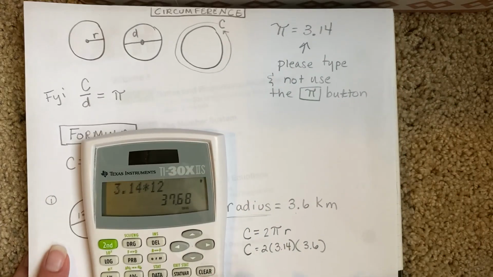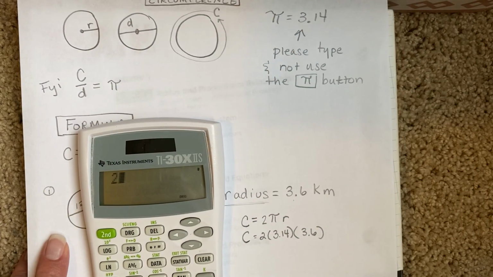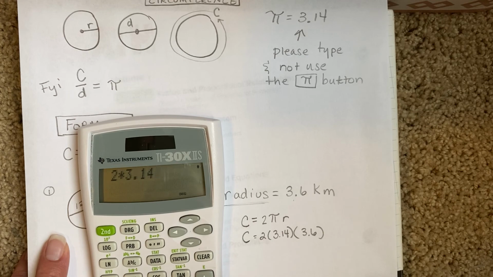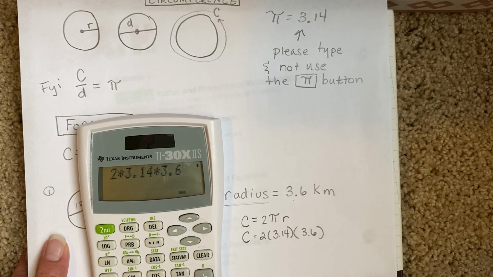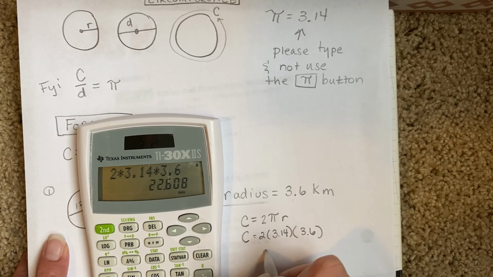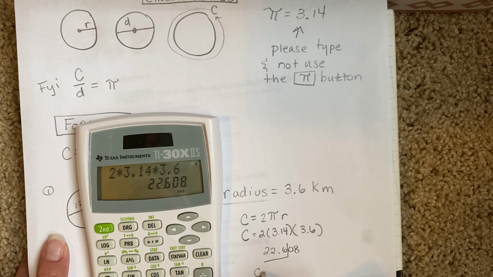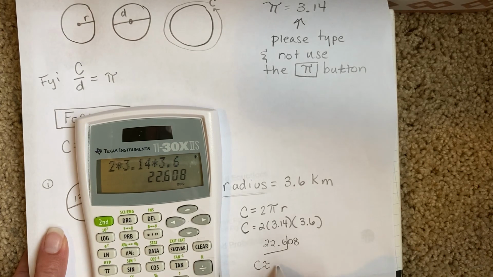On my calculator, not using the pi key, 2 times 3.14 times 3.6 equals 22.608. Rounding to the nearest tenth, C is approximately equal to 22.6, and it would be kilometers. Again though, on the Google Form, only the number.